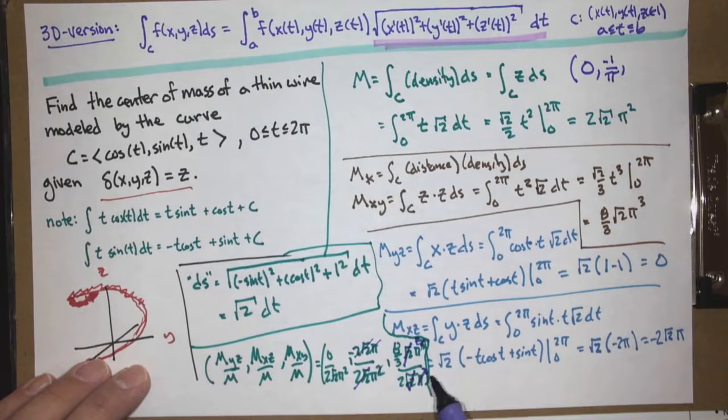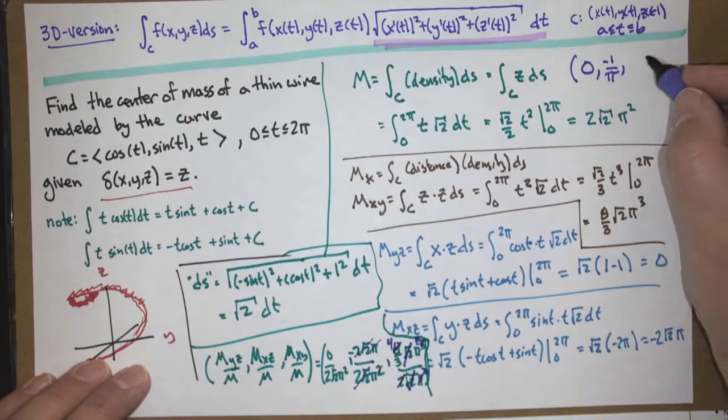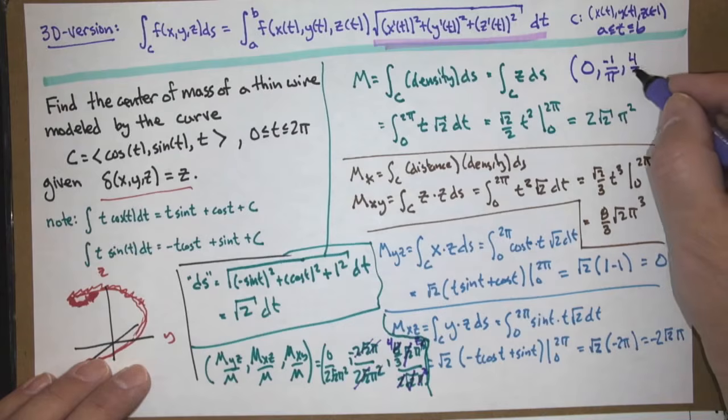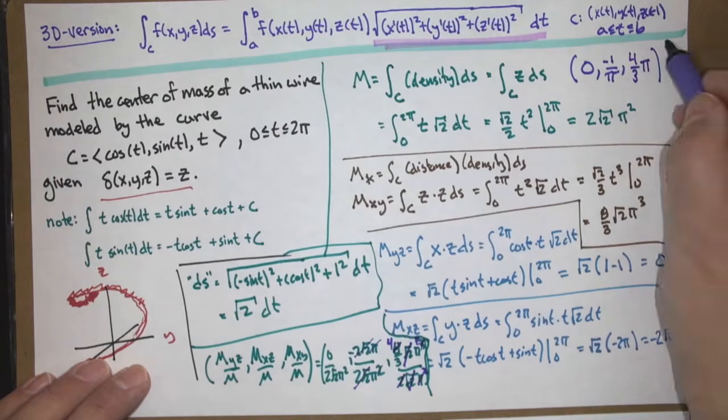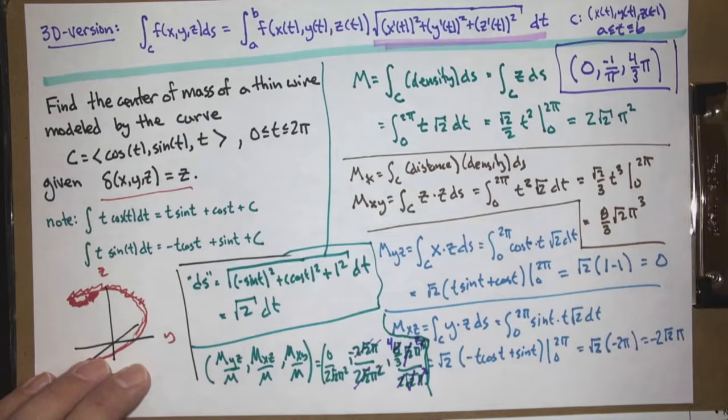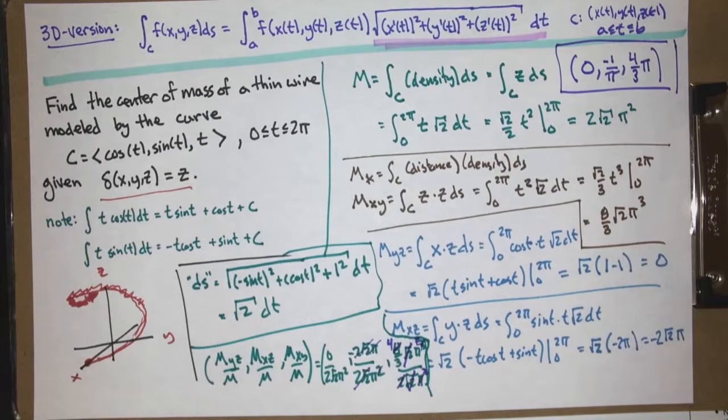I can also divide the 2 into the 8. That's 4. So that leaves us with 4/3 pi. And there we go. We almost fit it on a page. It's pretty close, but it's kind of there.